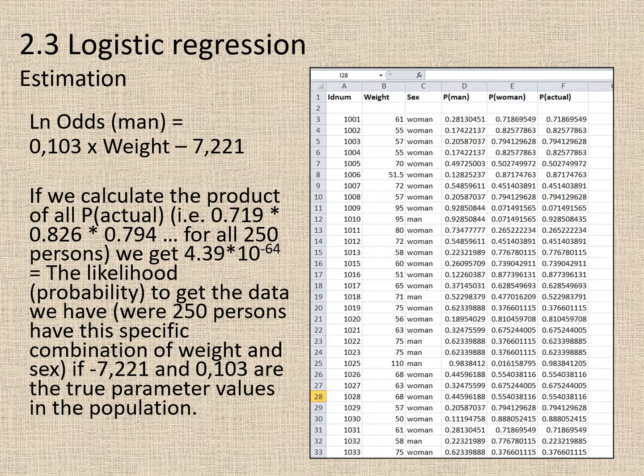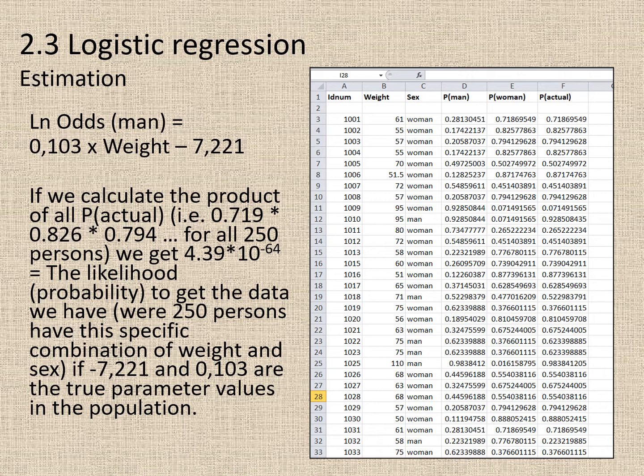In our case, it becomes 4.4 multiplied with 10 raised to minus 64. So 0.000, 63 zeros and then a 4.